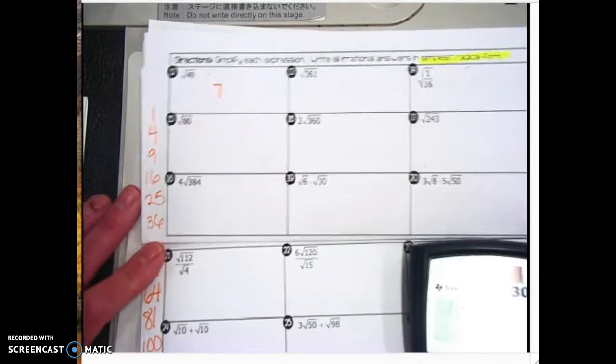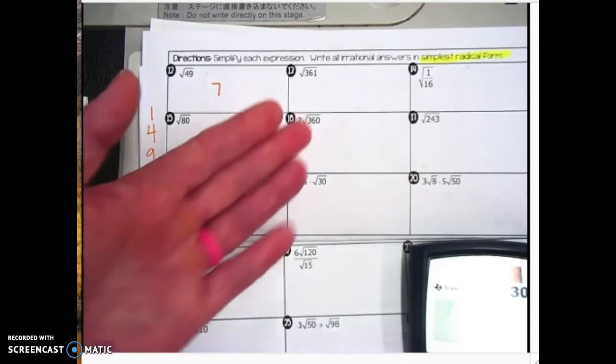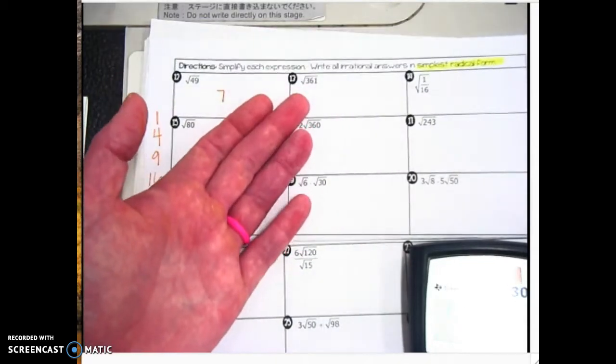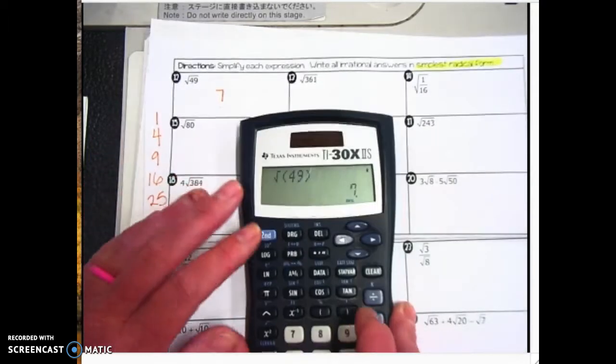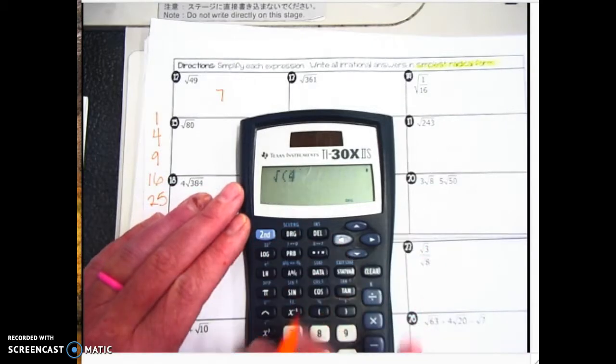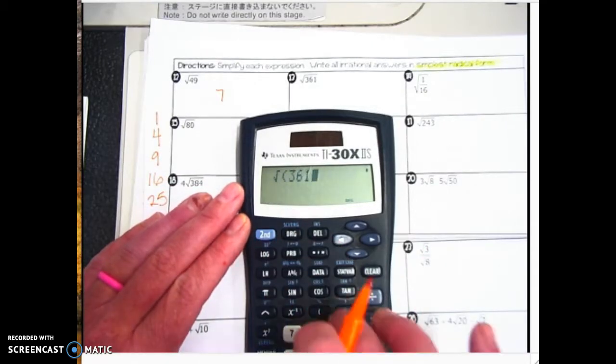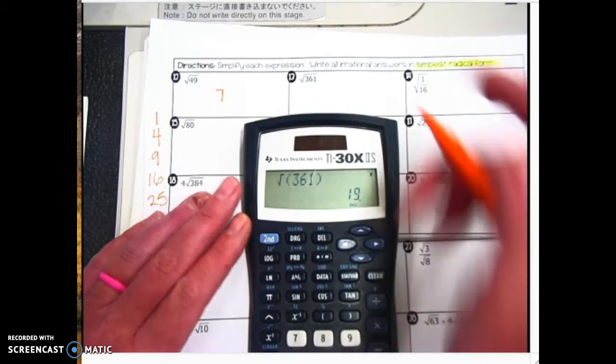So those will be helpful, but when you get the square root of 361, you might not recognize that. So we don't know if it's a perfect square or not. You simply test it on the calculator by typing it in, square root of 361, hit the equal sign, 19.